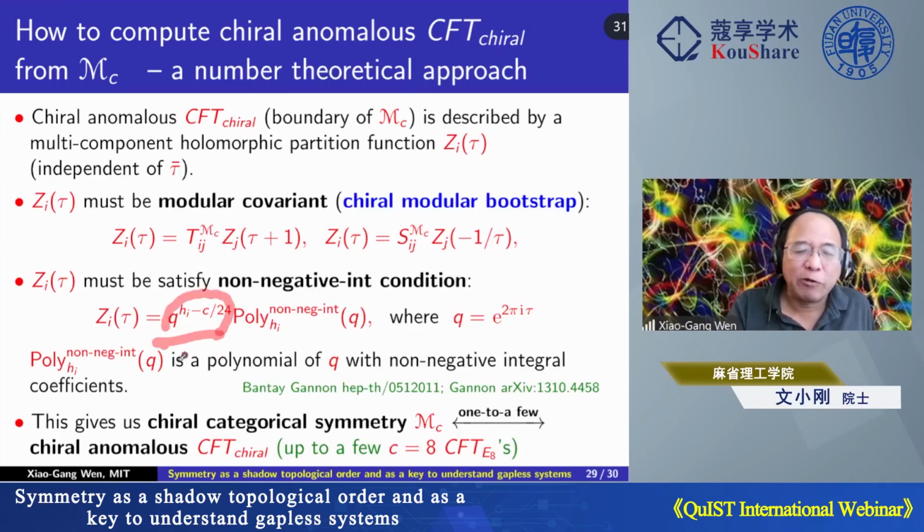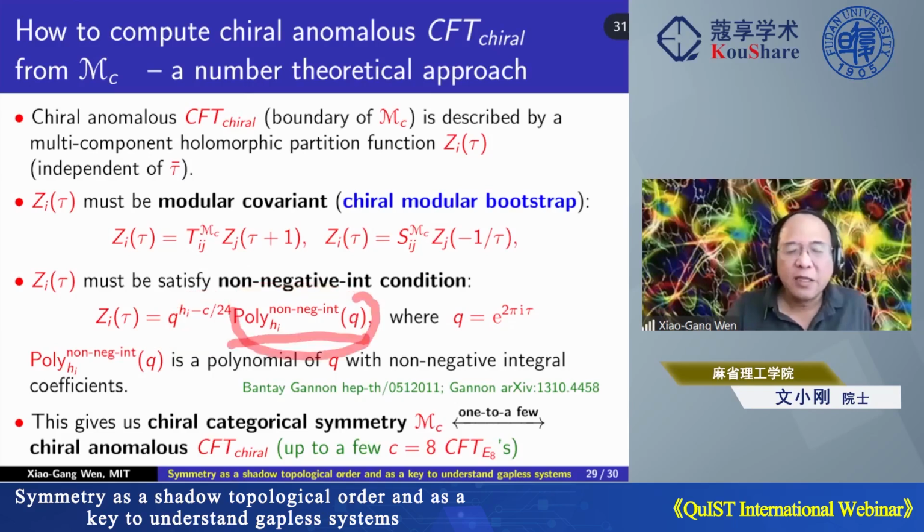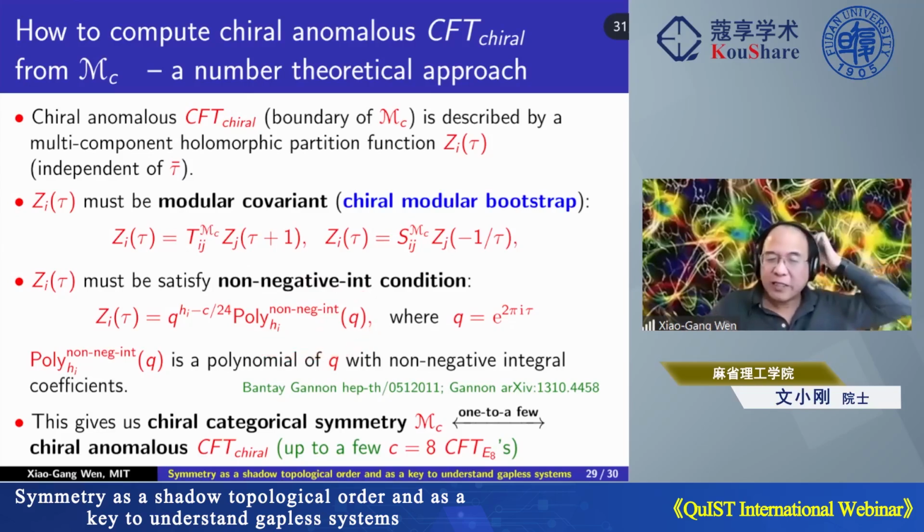After we factor out this fractional power, we only get a polynomial in q with integer powers. But this polynomial is so special. It is a polynomial with only integer coefficients. The coefficients have to be integers, and also non-negative integers.